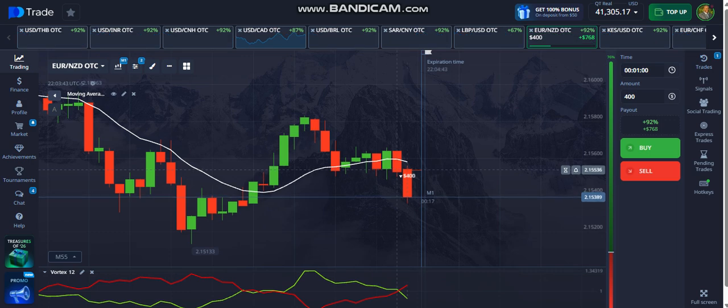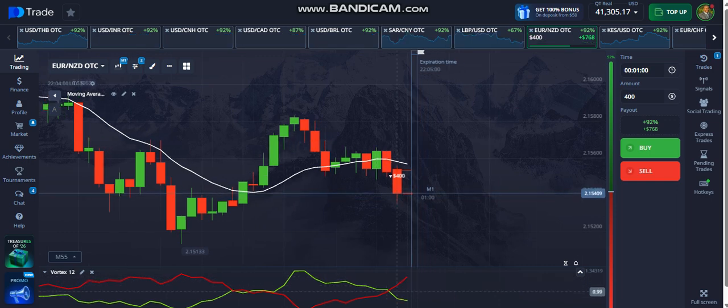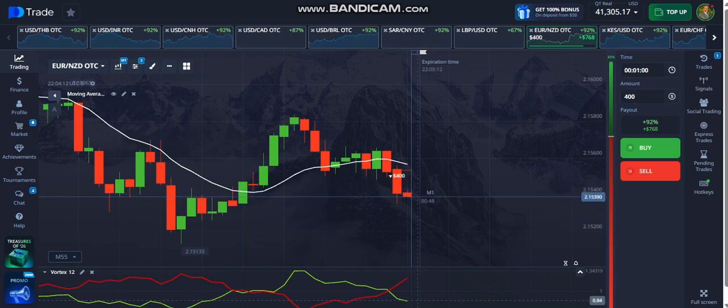I waited for the candle to close, and I took a trade in the direction of the candle, which is bearish. In addition to that, the green vortex line crosses the red line in a negative slope here. So let's monitor this trade and wait for the expiry.